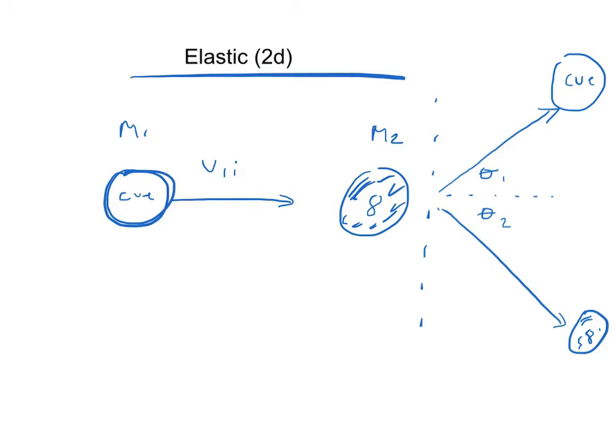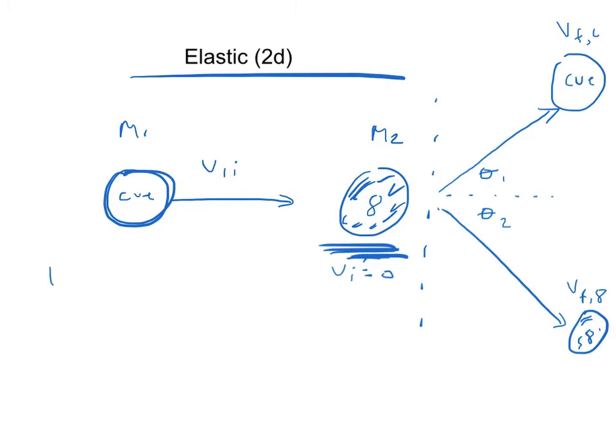So what do we know here? Let's think about how we could try to think about what the velocity finals would be. So velocity final cue and velocity final 8 ball. Well, we know that the 8-ball had, I hope that you're familiar with this pool language. So here's our 8-ball. The initial velocity there was 0.